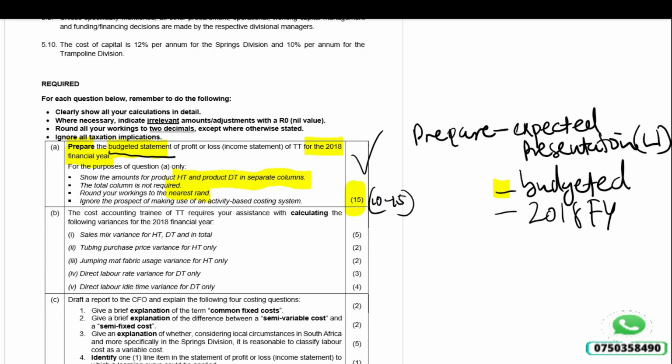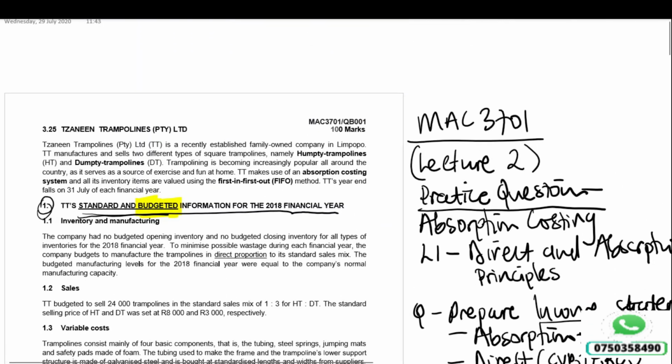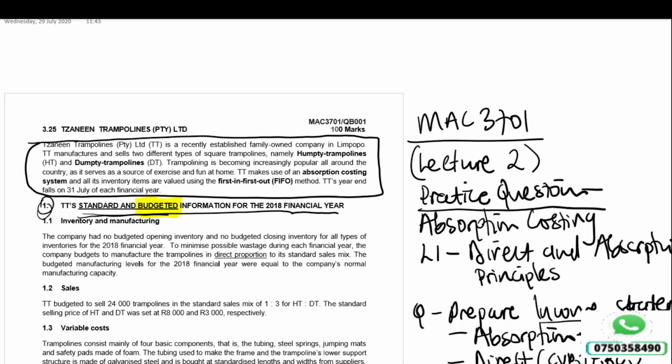Now that we've understood our required, let's go back to the opening information. There's always a first paragraph given in each and every question. This opening paragraph helps you to understand what the company does, the inventory method being used, and the costing method being used.